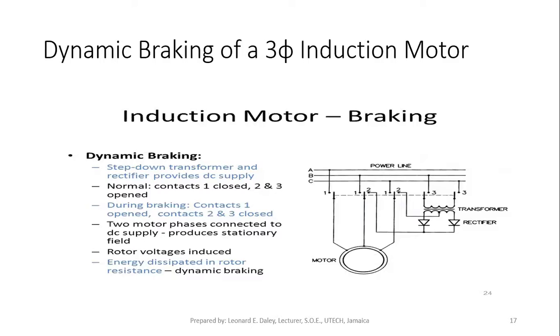All right. The dynamic braking in the induction motor, the one that we showed, is called DC injection. And the rotational energy in the rotating mass of the induction motor is dissipated as heat in the rotor windings in this process.